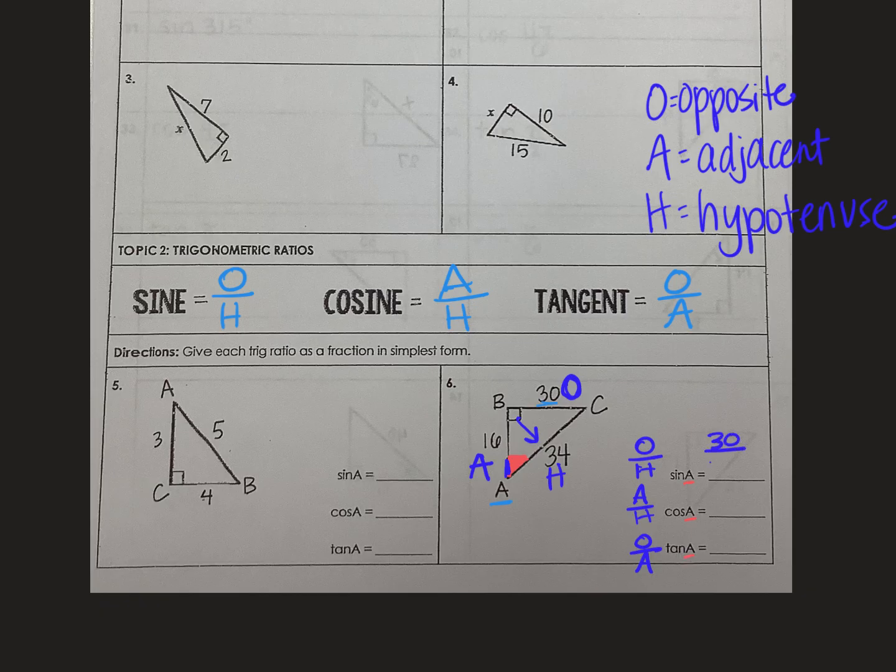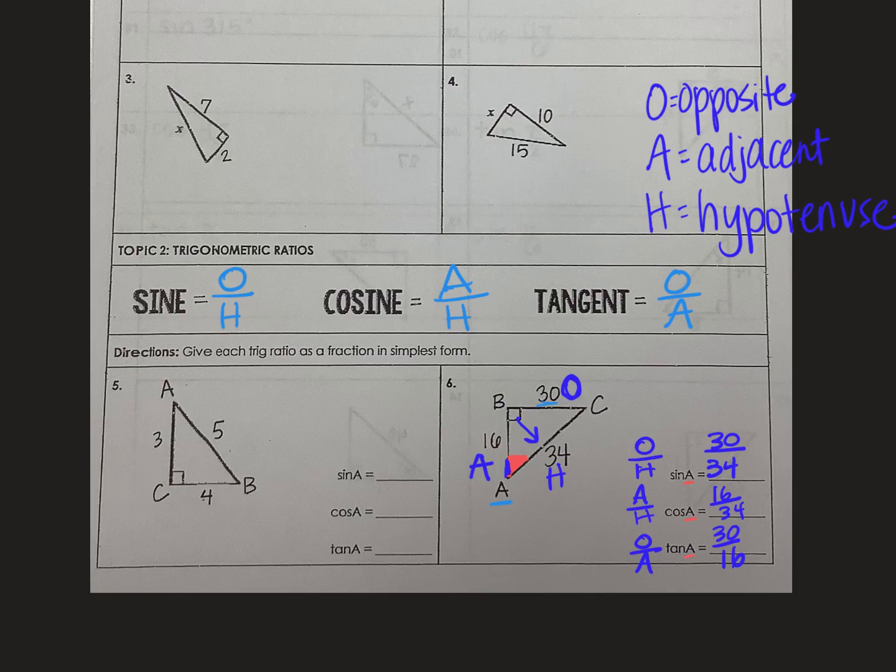The H, we labeled 34 as H. So that's our fraction there, O over H. The cosine is A over H. Our A was 16 and our H was 34. Our tangent is O over A. Our O is 30, and our A was 16.